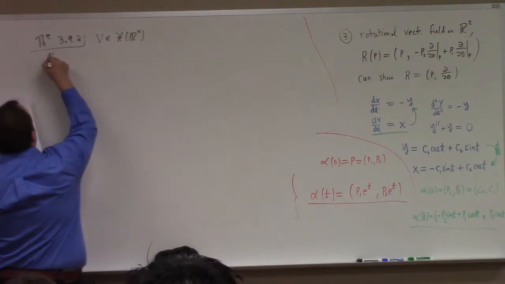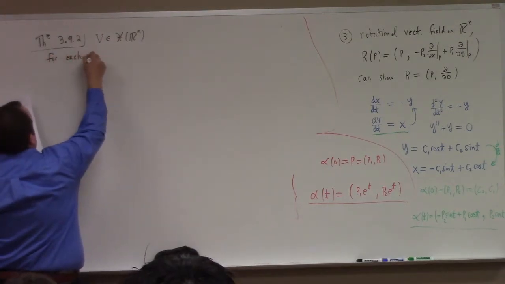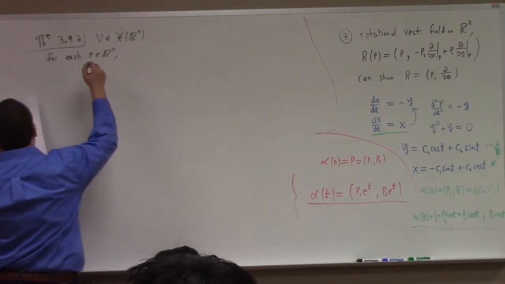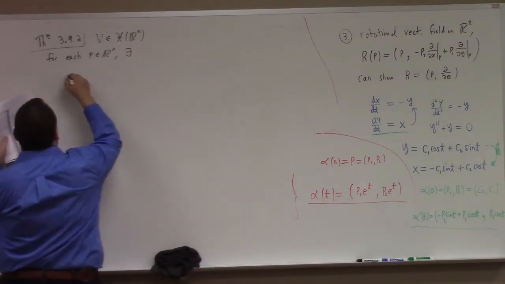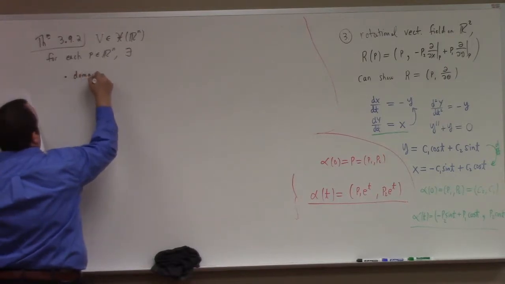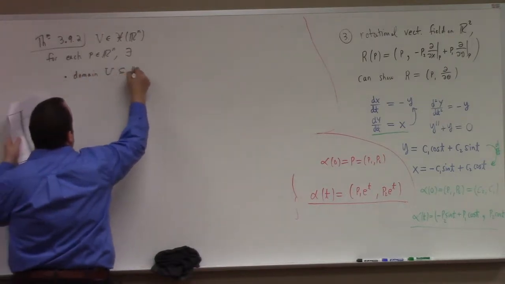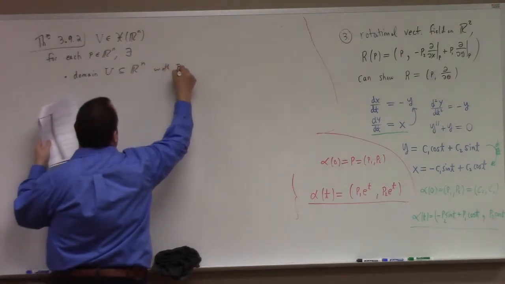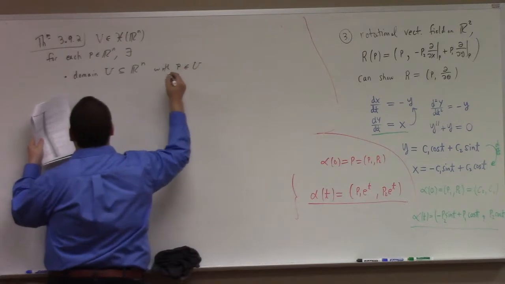For each point p in R^n, there exists a domain. What's a domain?